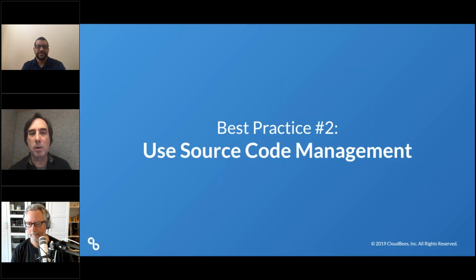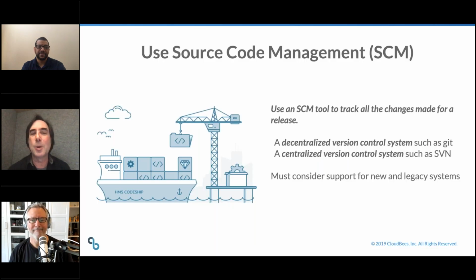This needs to be something electronic and accessible to everyone across your organization. So moving right along, uncontroversial best practice number 2 is to use source code management. With this, obviously, you want to track all the changes made for your release. There are a couple of types of source code management systems. A decentralized system, such as Git, is the most common, certainly for modern software projects. Git holds the dominant market share.